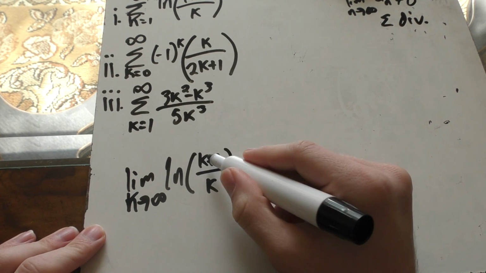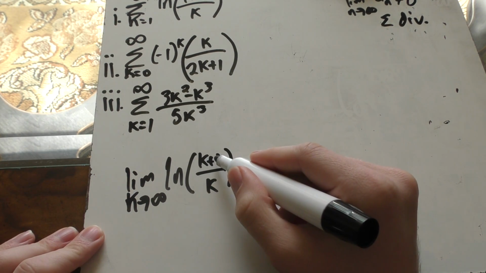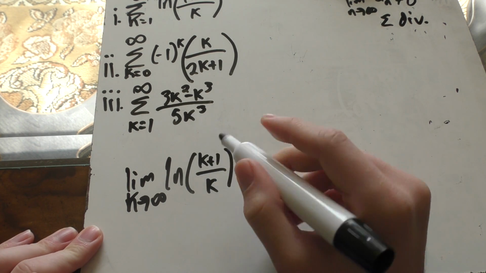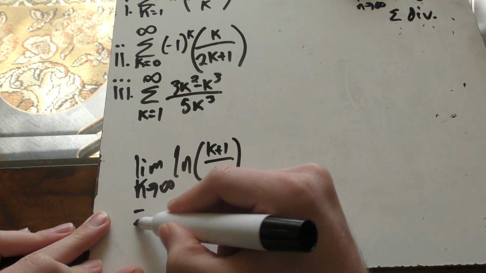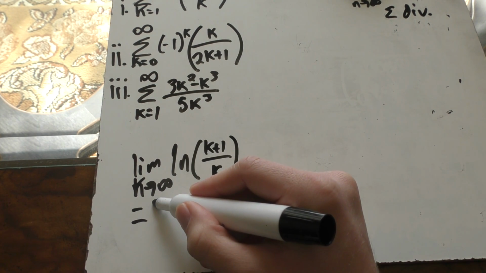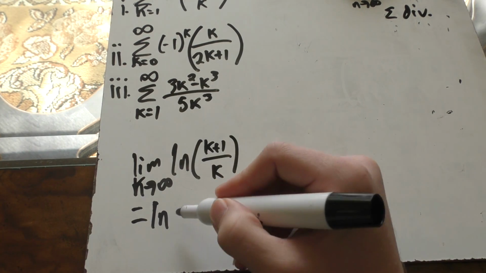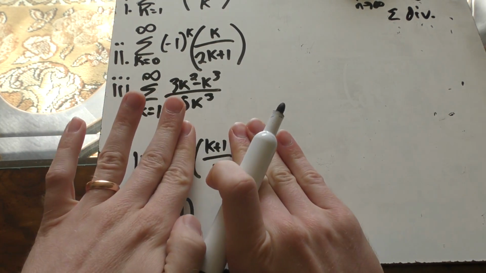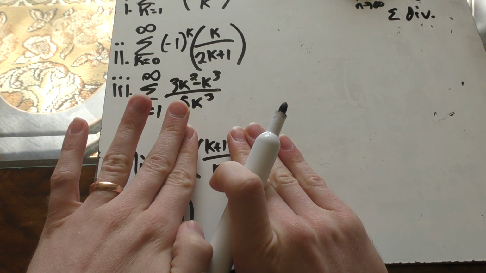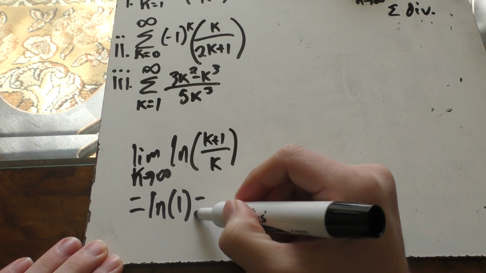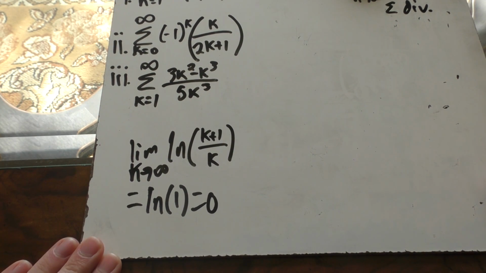As k approaches infinity, the top approaches infinity and the denominator approaches infinity, and k and k are the same strength, so this limit approaches the natural log of 1, because we're thinking about the k over k there. As k grows, k is going to go on top, k is going to go on the bottom, they're going to go to 1, so this is really natural log of 1, which is 0. So we got 0 as our limit.